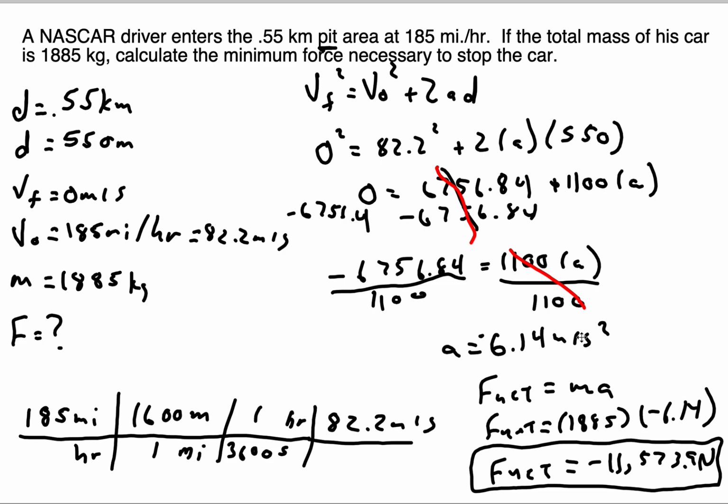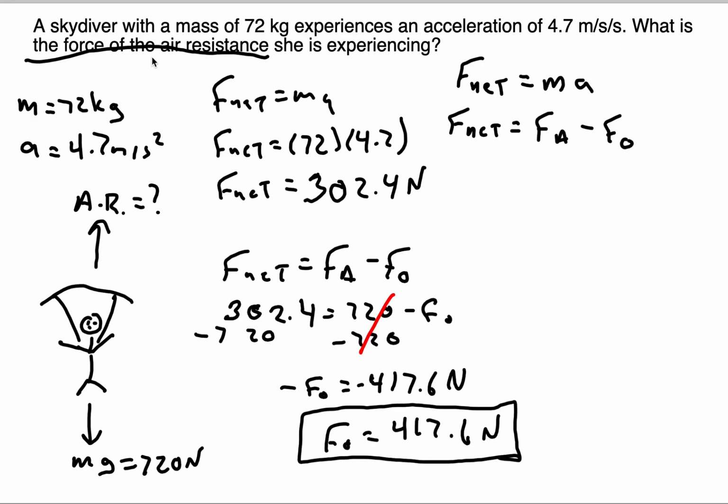And it's negative because it's an opposing force. It's a stopping force. It's a decelerating force. So you could have a question like this on the test. You could have a question like this, right?